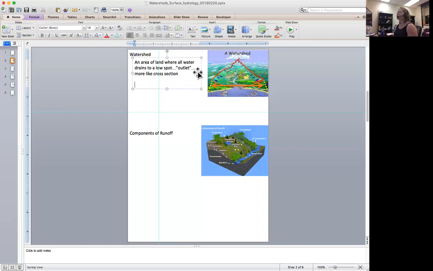Now, when we start to think about this, all watersheds can be either big or small. They can be really, really big or really small. Something really big would be the Mississippi watershed.